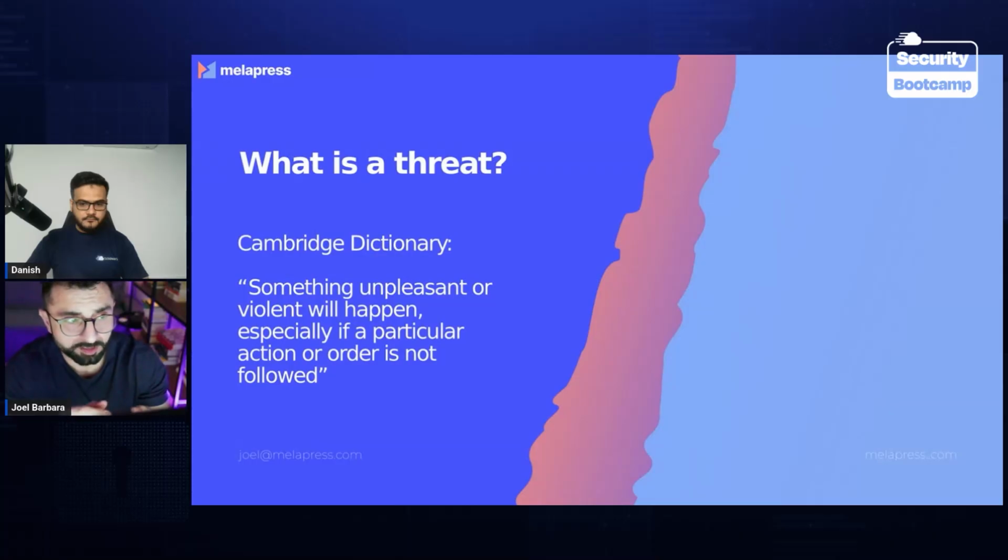So what this tells us is that we can reduce the likelihood of future violence or unpleasantness if we take action in the present. This is precisely why threat modeling is important. So hold that thought as we examine a more technical definition of the word threat. So next slide, please.